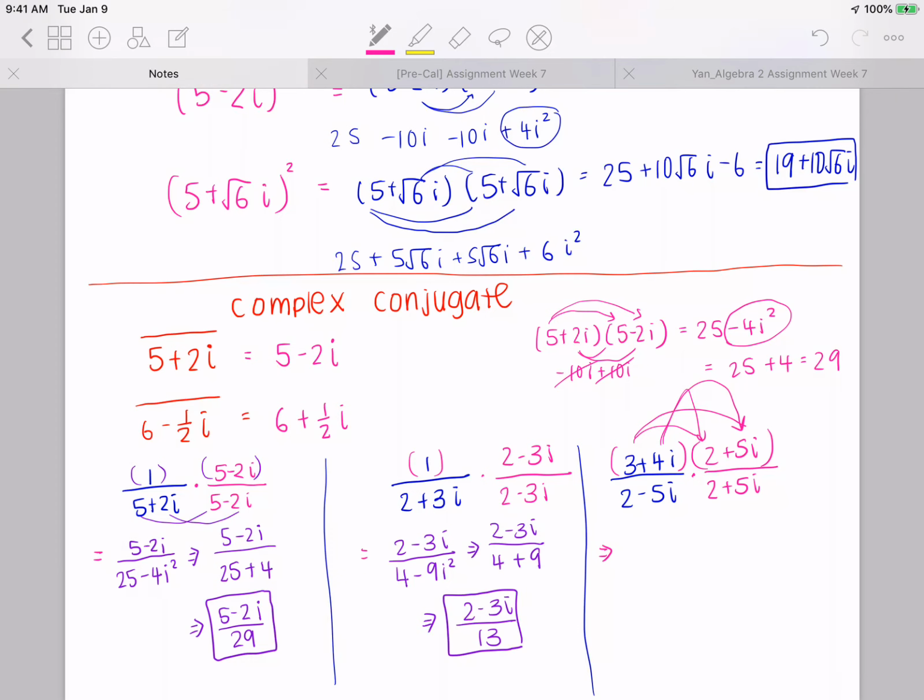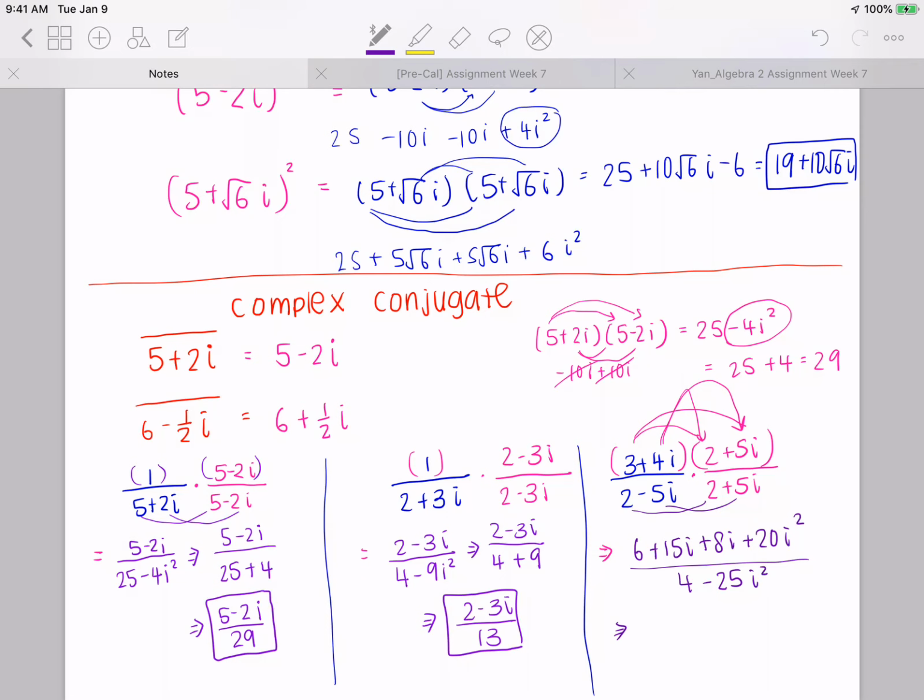So we get 6 plus 15i plus 8i plus 20i squared, all over, multiply first times first, last times last, so we get 4 minus 25i squared.